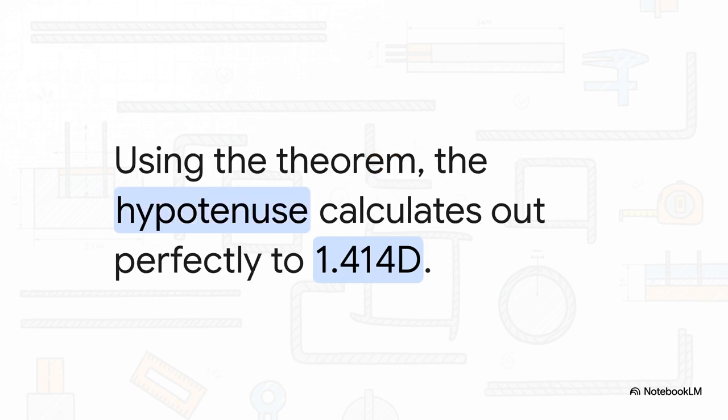Now we need the hypotenuse because that's the actual length of the angled steel bar. Remember the Pythagorean theorem? The square root of d squared plus d squared equals the square root of 2 times d squared. Let that math breathe for just a second. It calculates out perfectly to 1.414 times d. So the total length of that slanted piece of steel is 1.414d.